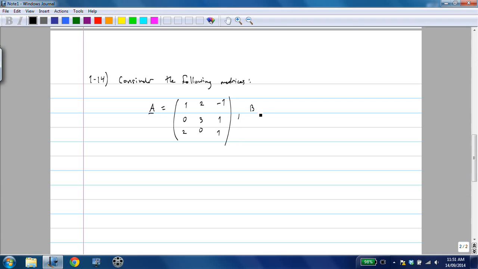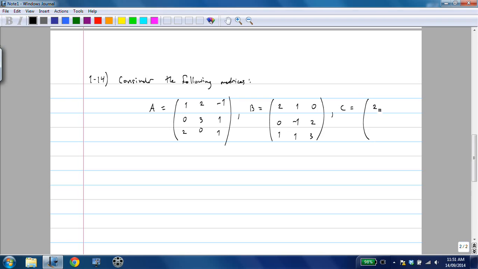B is also a 3 by 3 matrix. So we have 2, 0, 1. We have 1, minus 1, 1. And we have 0, 2, 3. And then lastly we have C, and this is a 2 by 3 matrix.